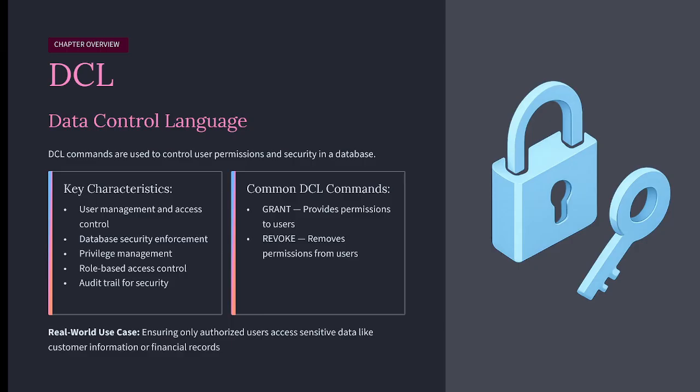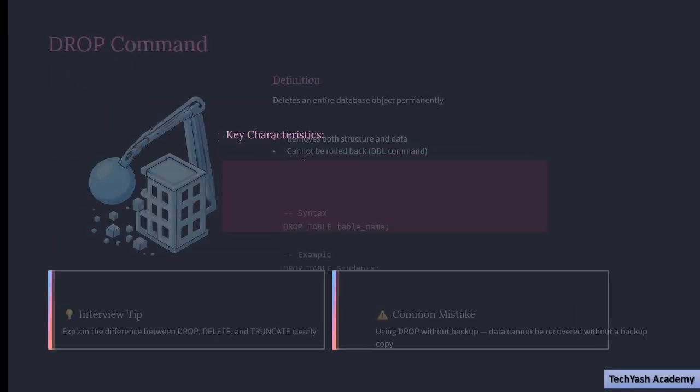The DCL commands are grant and revoke. Grant provides permission to users, and revoke removes permissions from users. This ensures that only authorized users can access sensitive data like customer information and financial reports.